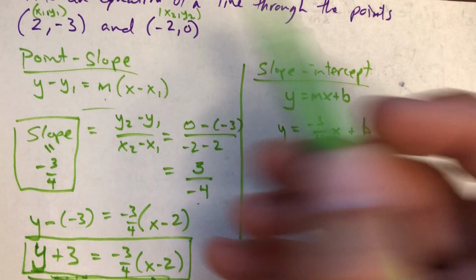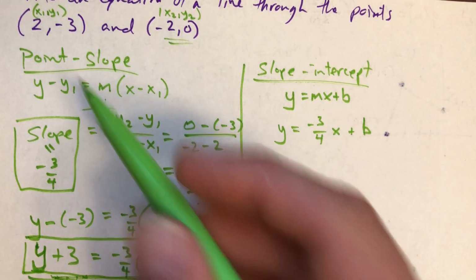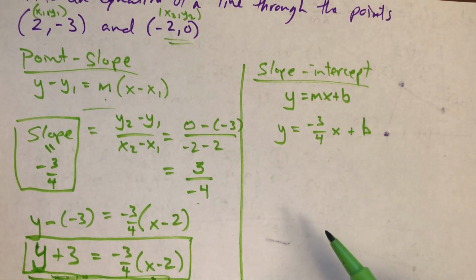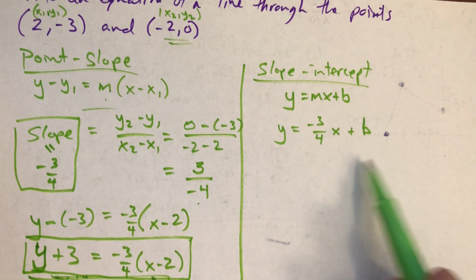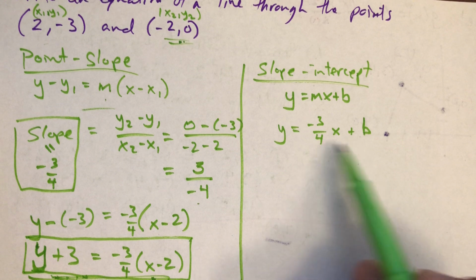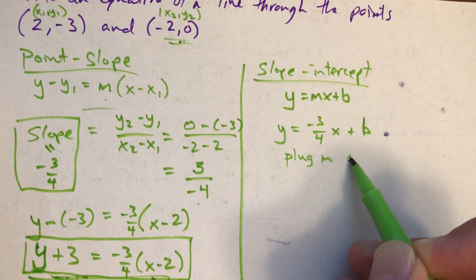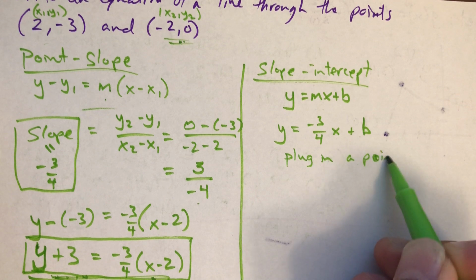So just for variety, let's pick this point here, because over here on this one we used that point, 2, -3. So let's use -2, 0. So we're going to take this point and plug it into here. So I'll just write, plug in a point.